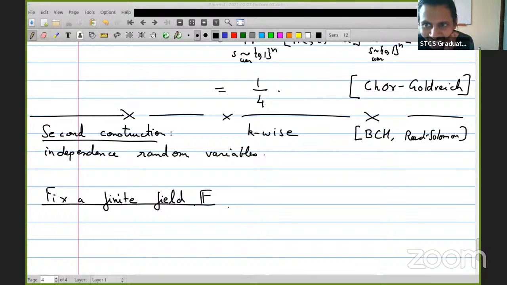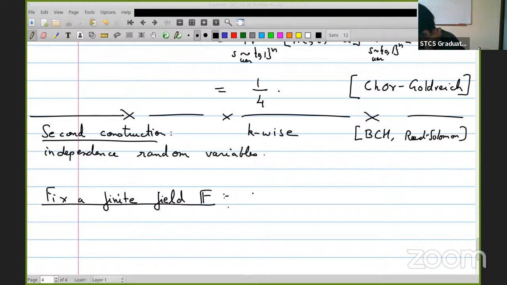Three, four, five. Okay, so that seems to be a reasonably large number. Okay, so maybe I'll just mention it. So the finite part, let's forget about it.